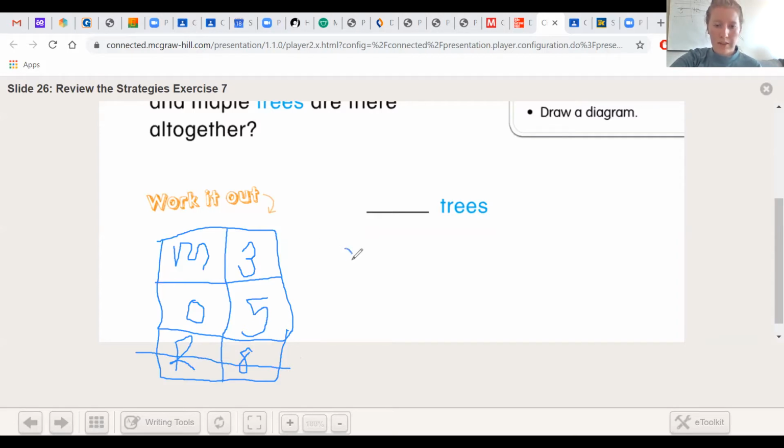Now I just need to add 3 plus 5 to figure out how many maple and how many oak. I start with my bigger number, 5, 6, 7, 8. There are 8 oak and maple trees all together. Awesome, friends.